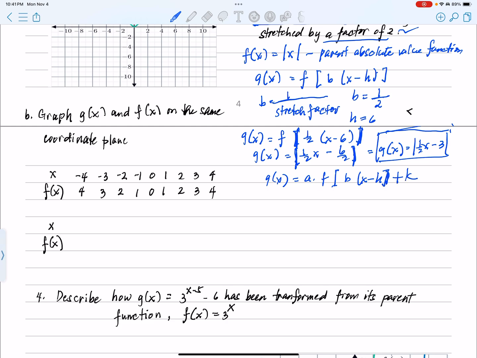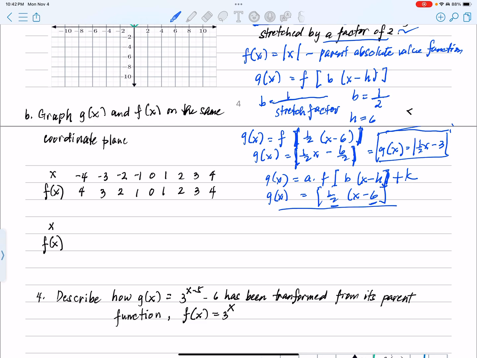In the standard equation form, g of x in this case will be the absolute value of 1/2 times x minus 6. That means this is translated 6 units to the right, and this is stretched horizontally by a factor of 2.